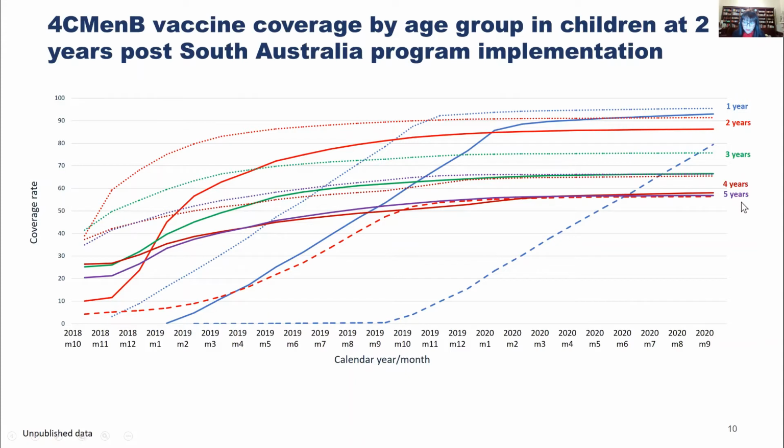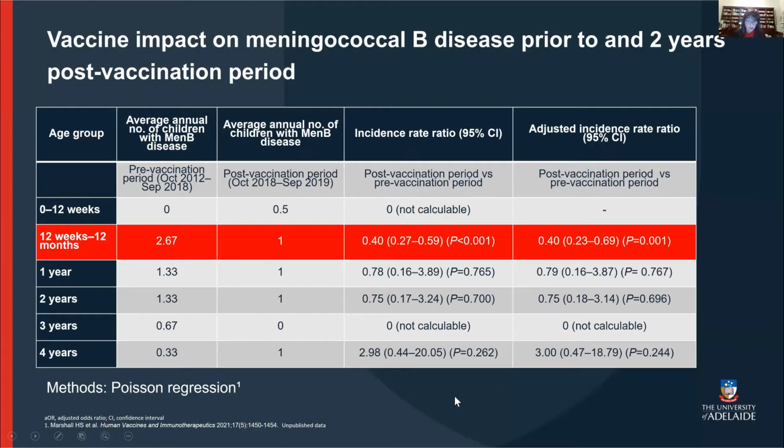But as toddlers got older, you see coverage reduced, and that's really because there's less opportunity around whether they're actually attending their GP at that age. They're less likely to, compared to the under ones who are obviously attending for other immunisations. But I think it's important when we're looking at vaccine impact to see that coverage was lower in those older age groups.